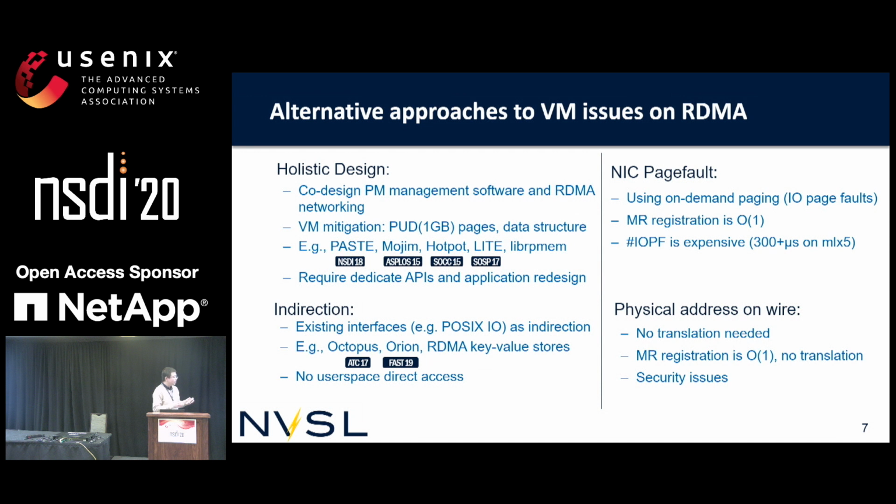Similarly, the NIC can use the IOMMU to create a virtualized mapping, and then there can be an IO page fault, and the NIC can fetch the entry on demand. The problem is that this process is pretty expensive, and we need something like TUNIC to accelerate that, to learn the pattern. And finally, if we do physical addresses on the wire, there are security issues.